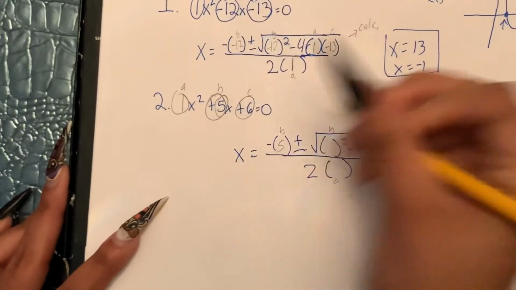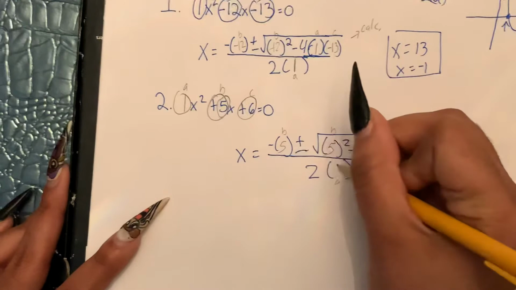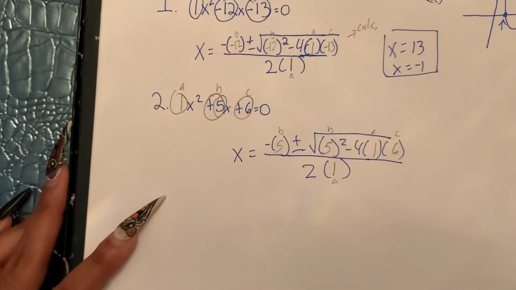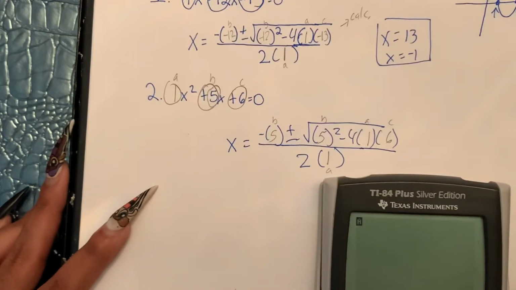So 5, 5, 1, 6, 1. Type it in the calculator. Alpha y equals, set up the fraction and type it in exactly how you have it.